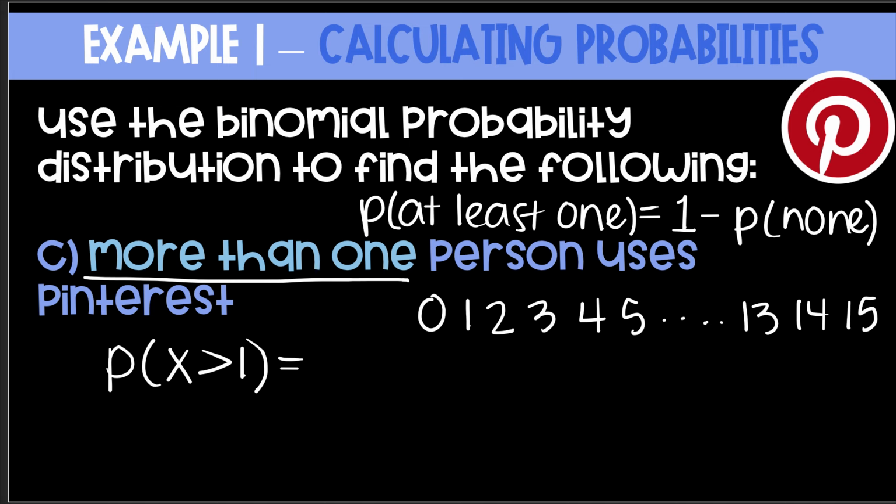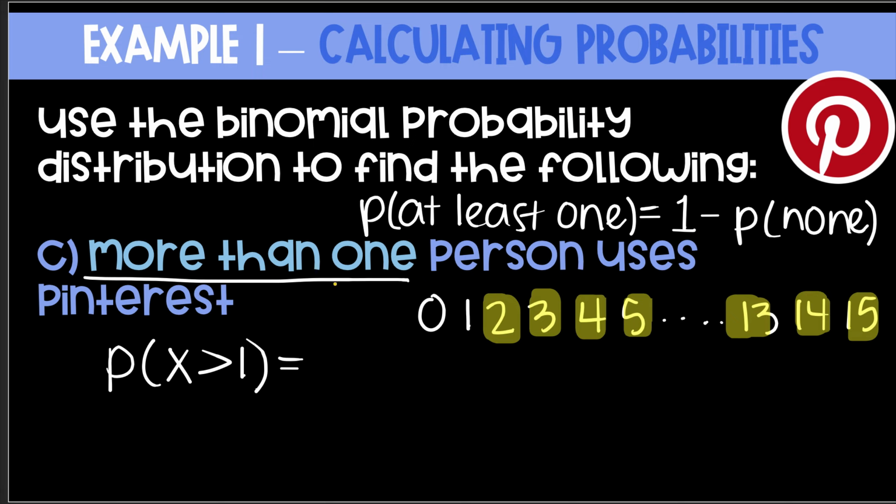And I'm looking for the probability of more than 1, which means 2 or 3 or 4 or 5 or 6 or 7 or 8 or 9, all the way to 15.